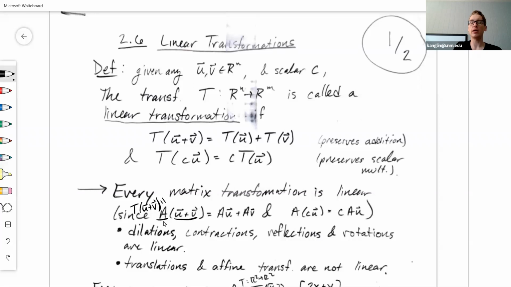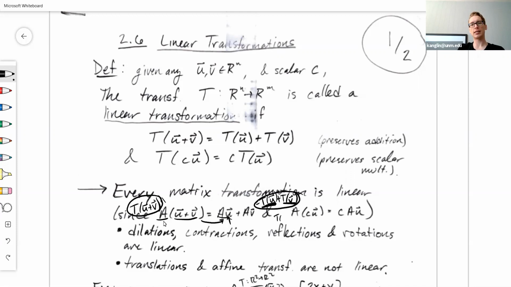So A times (u plus v), just by matrix multiplication rules, is always Au plus Av. But Au plus Av, that's T of u plus T of v, right? Au is the matrix applied to u, the same as applying the transformation to u. Av is just the matrix multiplying v, the same as applying the transformation to v. So we've seen that T of u plus v does in fact equal T of u plus T of v, so long as our transformation is a matrix transformation.